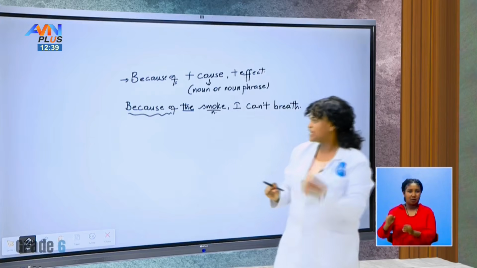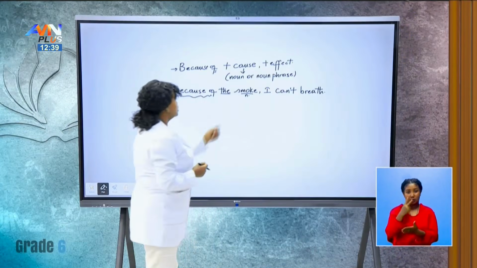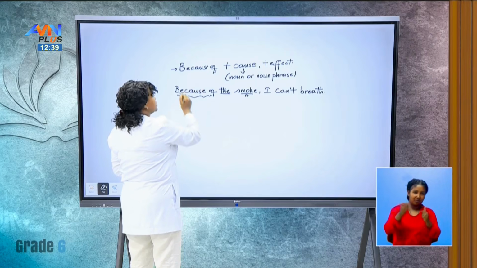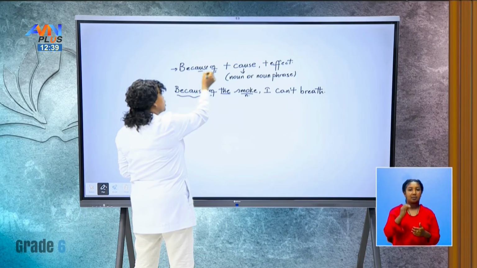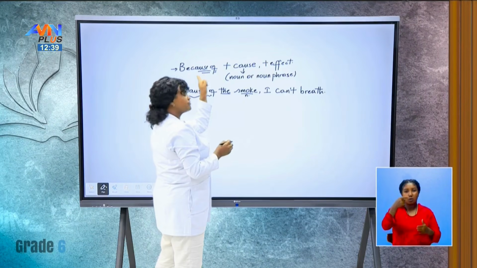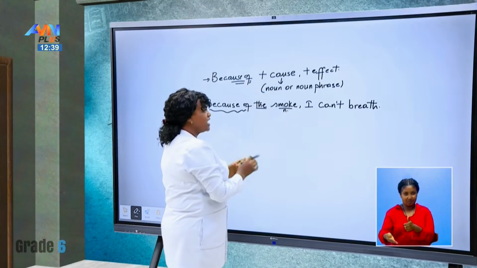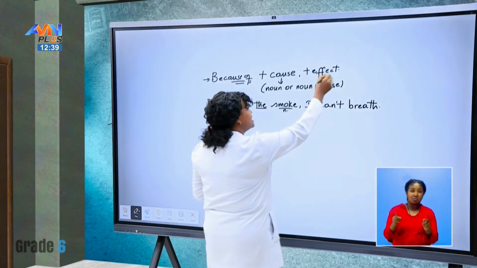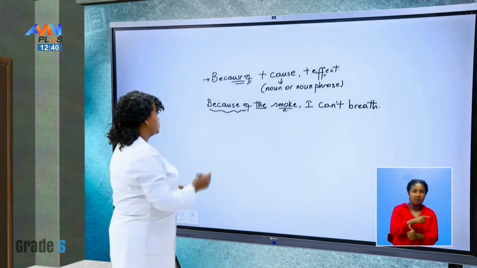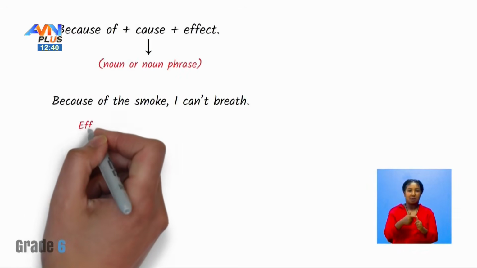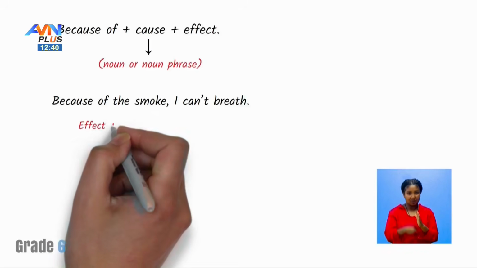All right? We can start this way. Look, we come up with the effect. Give attention to this pattern. If you say "because of," what follows after "because of" is the cause. But if you begin your sentence with the effect, look, the structure is going to be like this. Effect, okay?